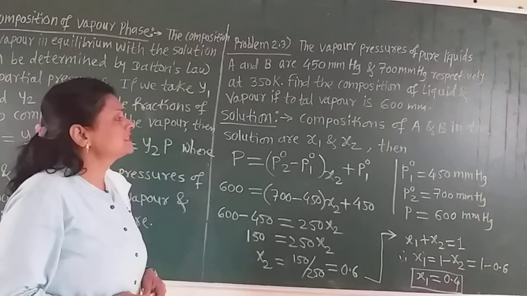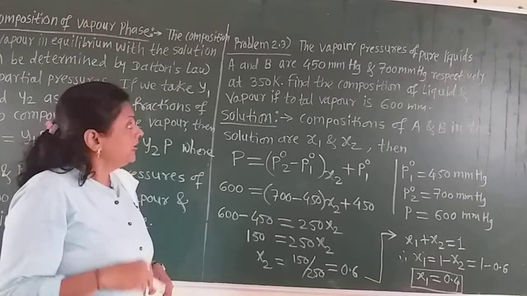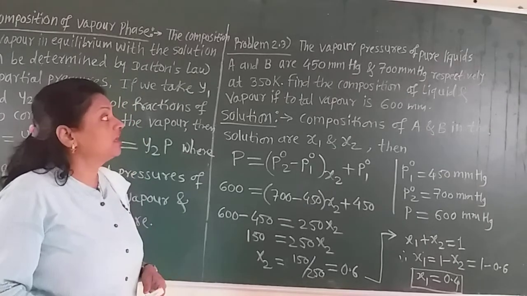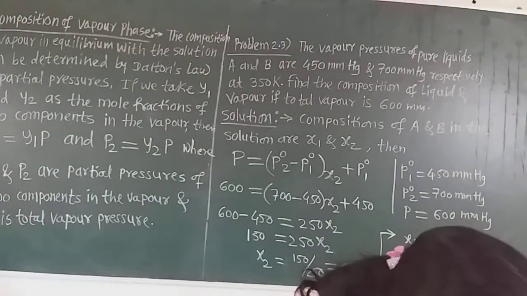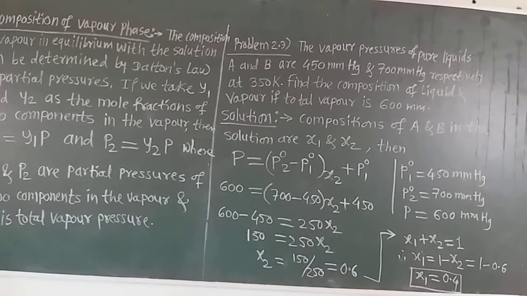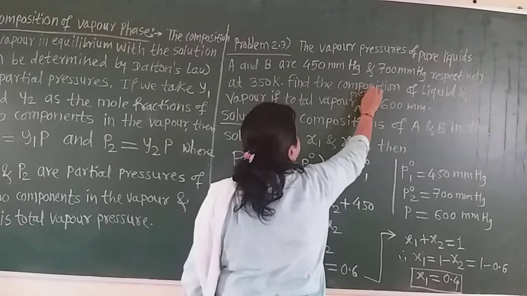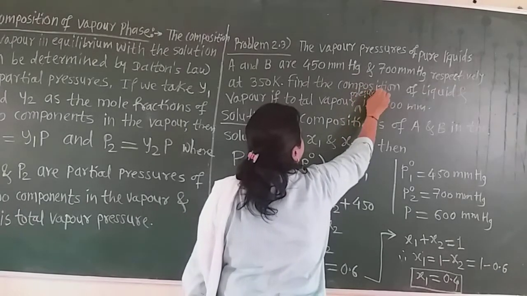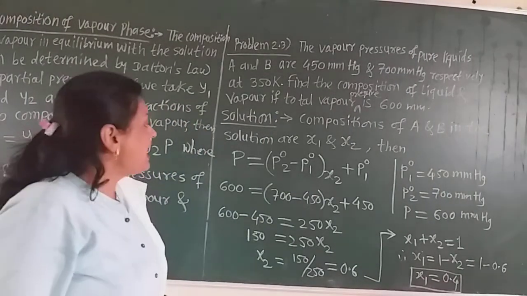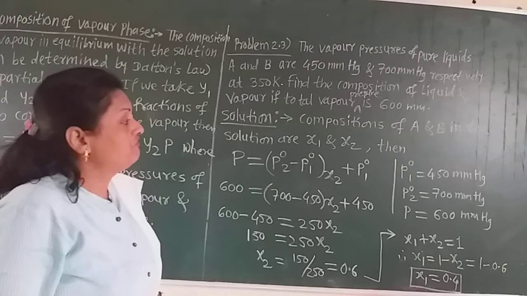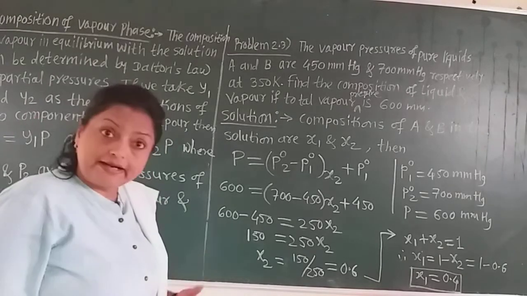And they ask us to find the composition of liquid and vapor if the total vapor pressure is 600 mmHg. Now the total vapor pressure is 600 mmHg, and the vapor pressures of the pure liquids are given as 450 mmHg and 700 mmHg.